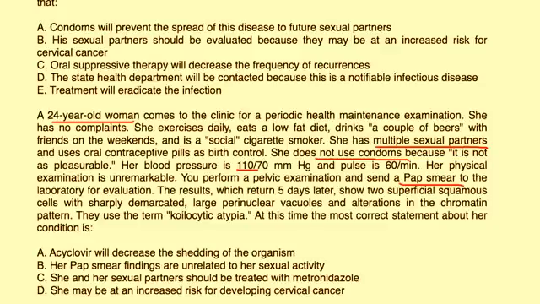The results, which return 5 days later, show 2 superficial squamous cells with sharply demarcated and large perinuclear vacuoles and alterations in the chromatin pattern. They use the term koilocytic atypia. At this time, the most correct statement about her condition is, well, this pap smear has shown koilocytes.